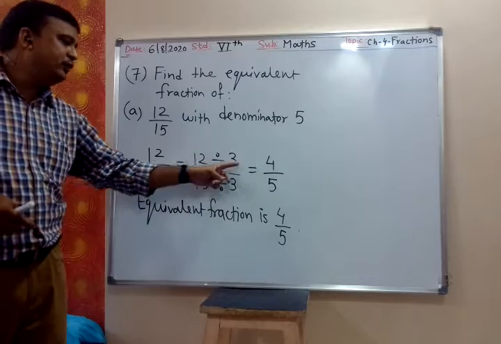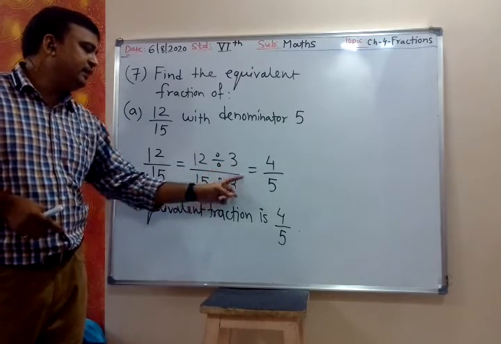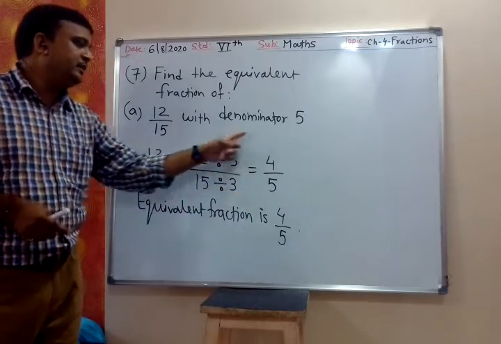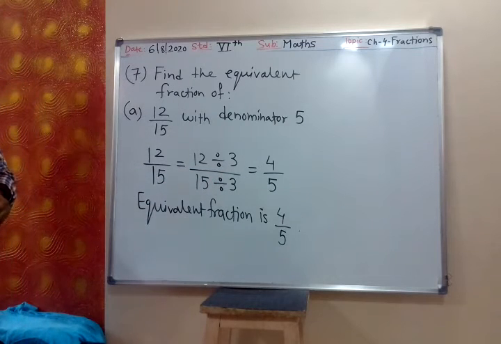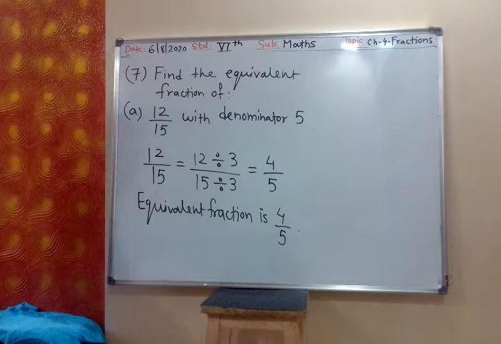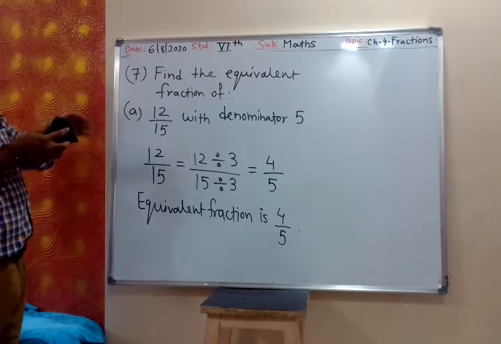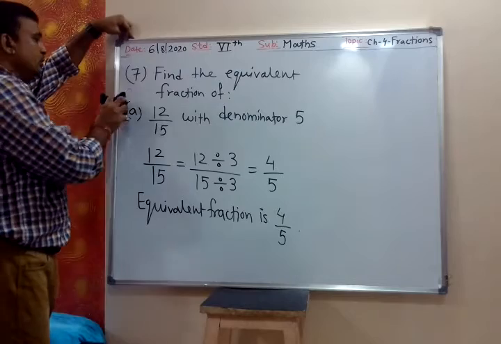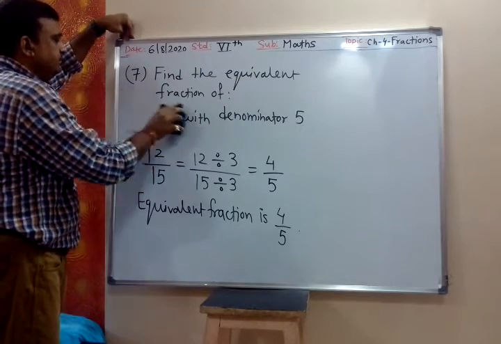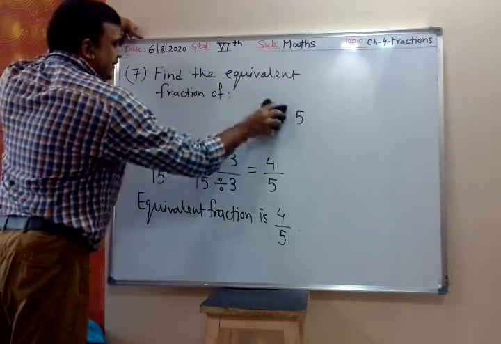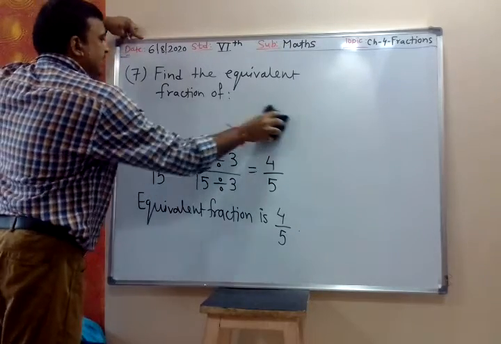So 12 divided by 3 is 4, 15 divided by 3 is 5. And this is my equivalent fraction, 4 upon 5. So for 12 upon 15 with denominator 5, we divide by 3.